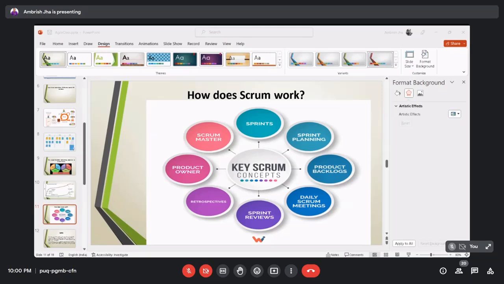One more important aspect: in typical SDLC or any other way of software development, we focus on documentation in the beginning of the project. But in Agile, we do approximately 90% of the documentation in the later part.